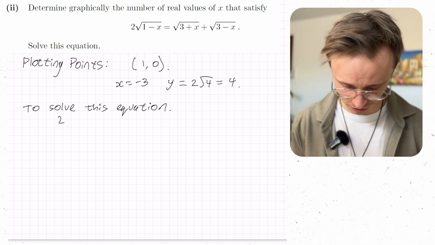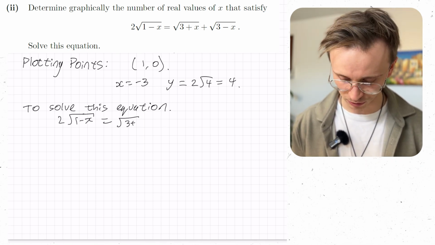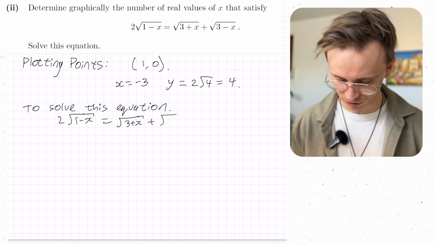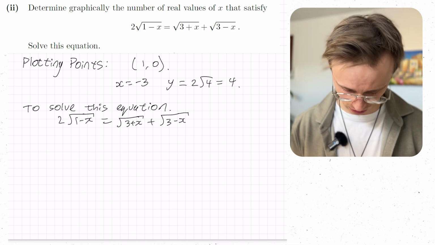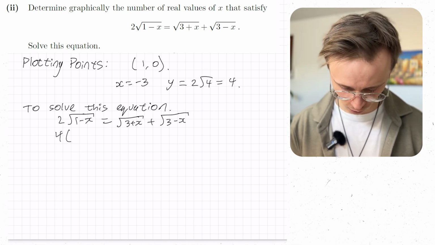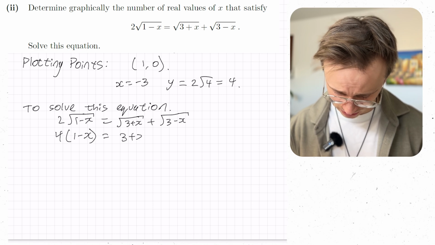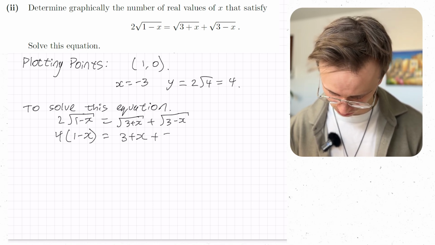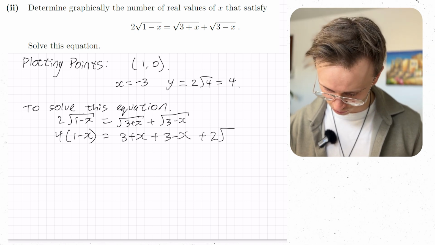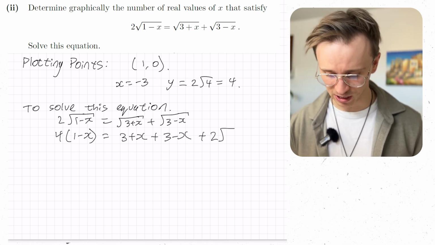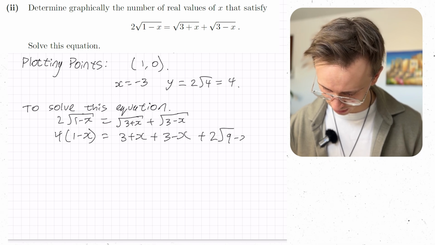So I start with 2 root 1 minus x equals the square root of 3 plus x plus the square root of 3 minus x. So first off, I'm just going to square both sides, see what happens. So get 4 times 1 minus x equals 3 plus x plus, this becomes 3 minus x, and then I've got them multiplying together to give 2 root, 3 plus x times 3 minus x is pretty simple because that's 9 minus x squared.